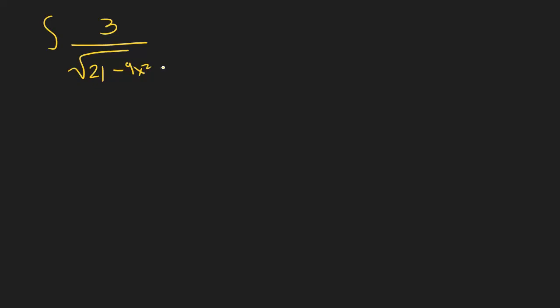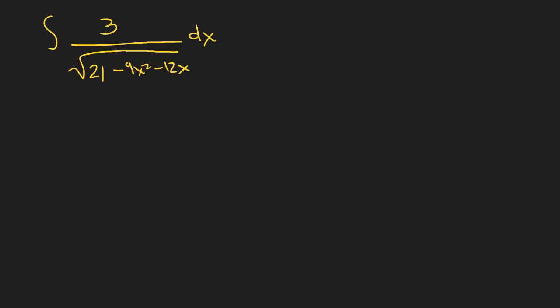Okay, so what you would need to do is to try to recognize, well, what can we do with this? From here, you have negative 9x squared minus 12x and then plus 21.